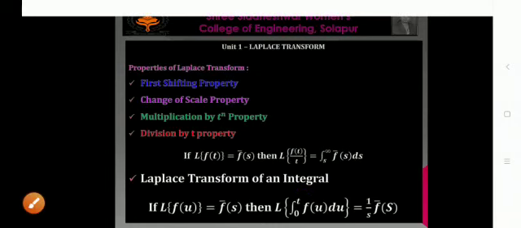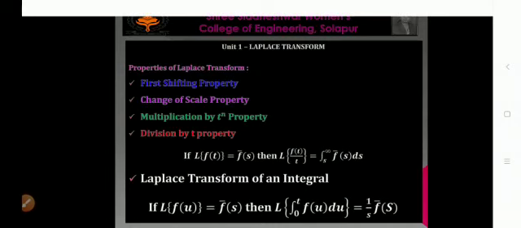Now one more thing to be noted here: instead of f of t we have taken f of u. Why is this so? Because the limits of integration are from 0 to t, and to avoid confusion we have taken f of u instead of f of t.